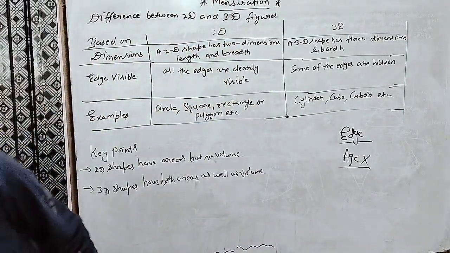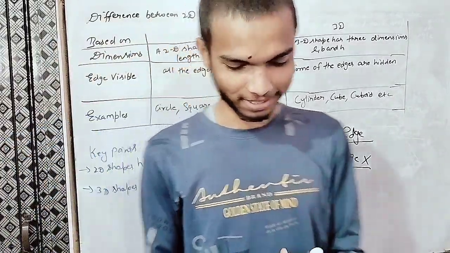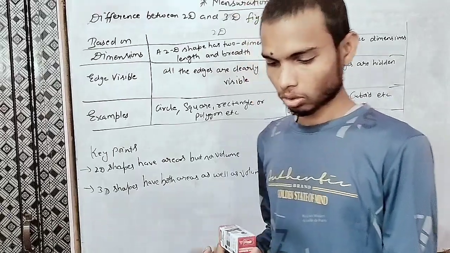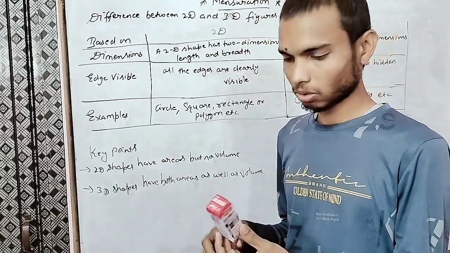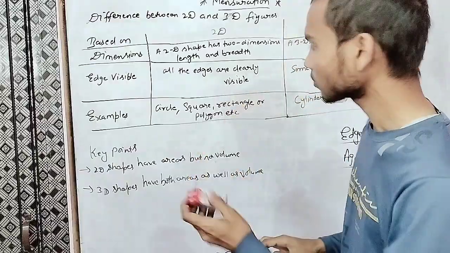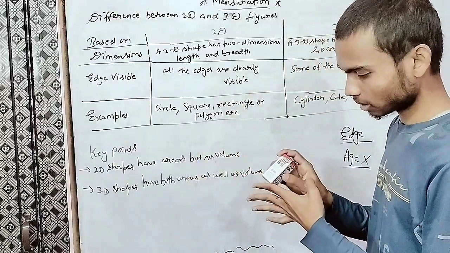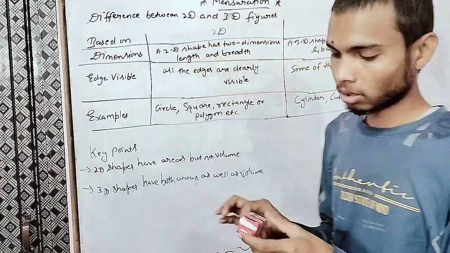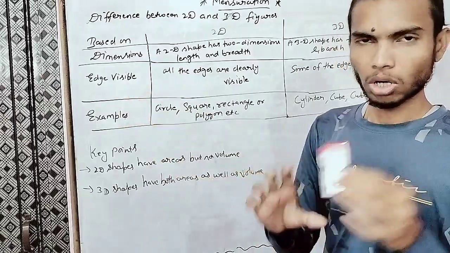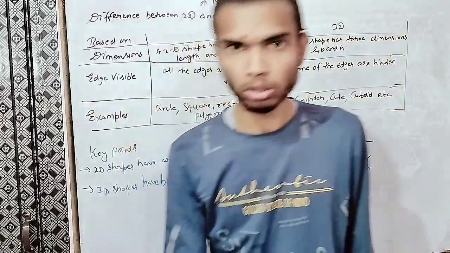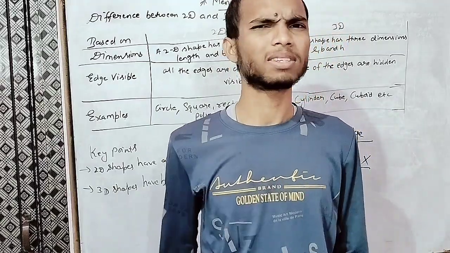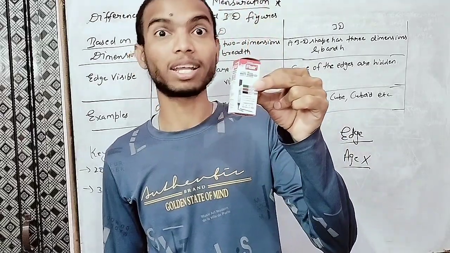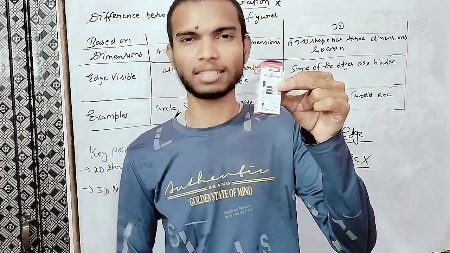One more. This is a book. Let's understand edges by visualization. Now we understood through two examples about edges. Are you able to identify where the edge of this object is?